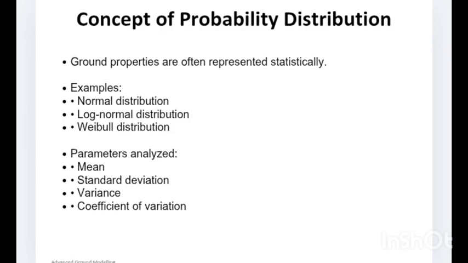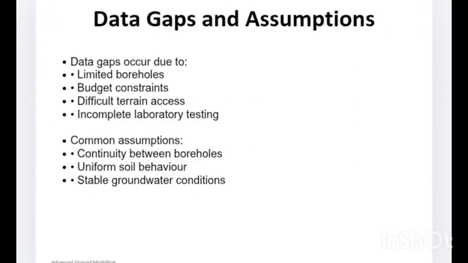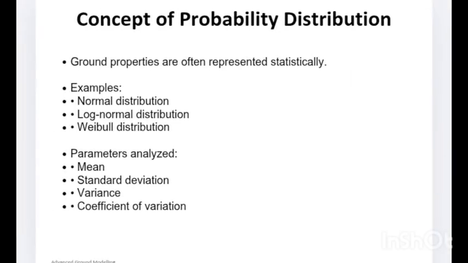Why? Because these are things you're going to be applying as engineering geologists. And we know that it's actually an applied science anyway. Importance in engineering. Now, what's the importance of probability distribution? It helps us to quantify uncertainty.